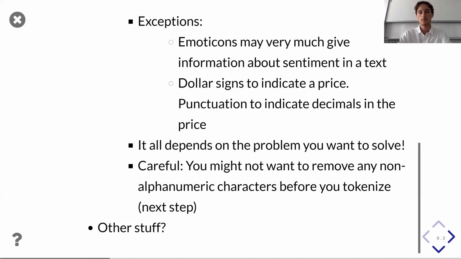That is the next step, tokenization, so I will talk more about that. And the last item here, can you think about other things that we need to remove? It's not a complete list I have here. It all depends on the problem you want to solve and the text data that you have.